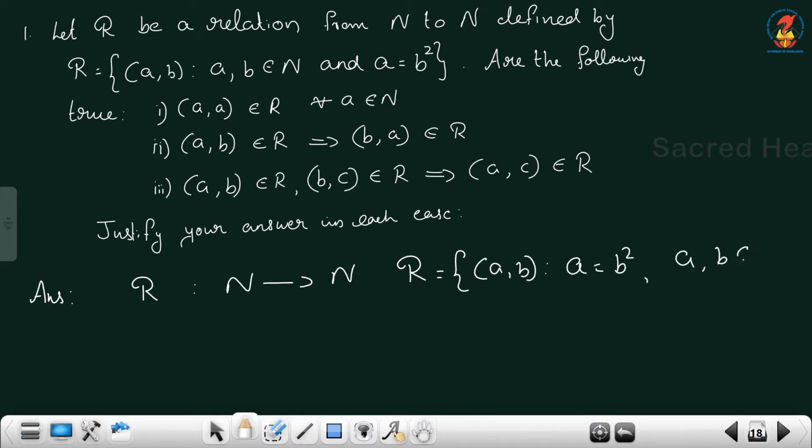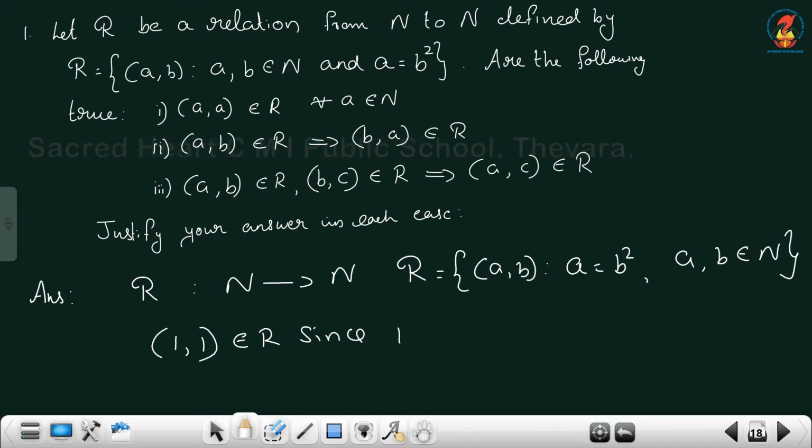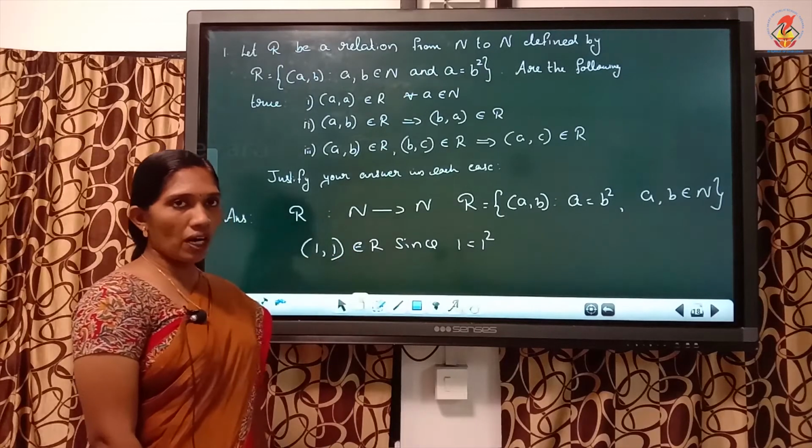This a and b are natural numbers. So, we can say that (1, 1) is in R, since a means 1, 1 is equal to b square, and 1 square is equal to 1 itself. So, I can say this (1, 1) is an element of R.